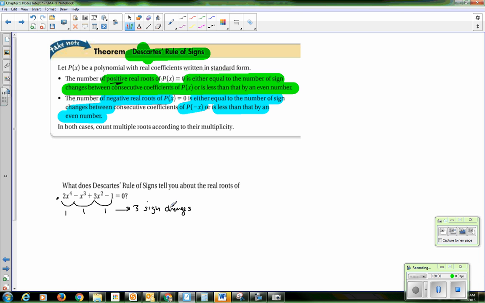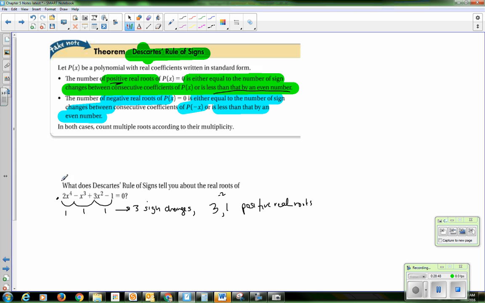With 3 sign changes, you can say that you either have 3 roots or less than that by an even number. So what is 3 minus 2? 1 positive root. So I either have 3 or 1 positive real roots.